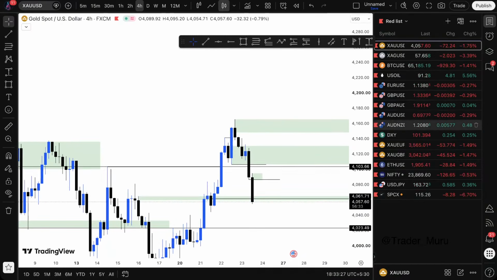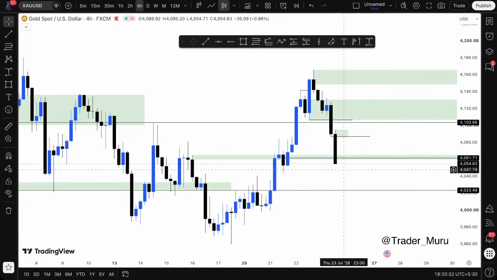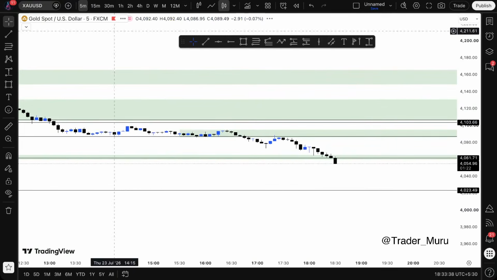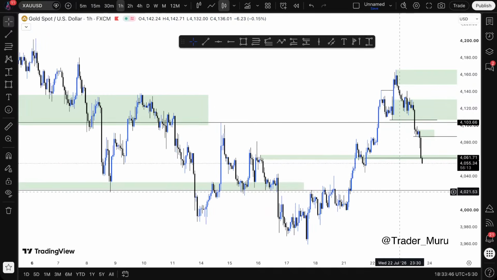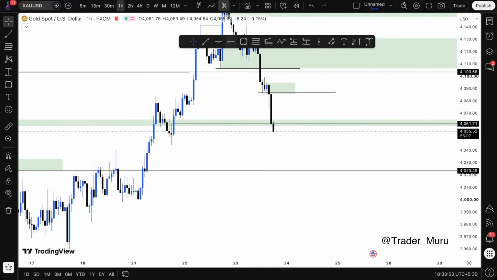Okay, there is still no sign of buy here. No sign of buy, not even in 5 minute or 15 minute. So we cannot buy. It would be a very tight stop loss at this level.